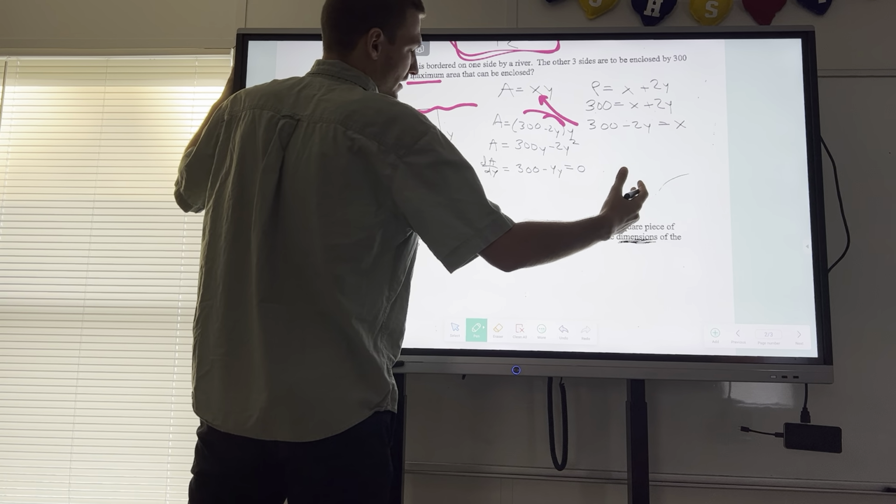I want to do a bunch of algebra, get this into a polynomial type thing, then I'm just going to use the power rule. So I'm going to go ahead and FOIL this and then distribute an h. When I FOIL this, that's going to be 144, that's 12 times 12.